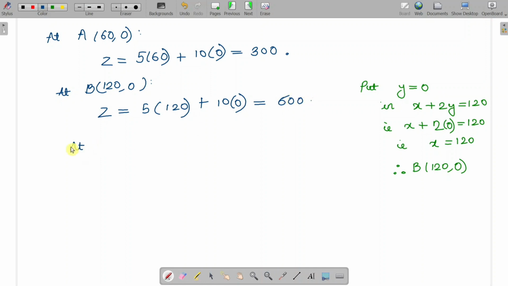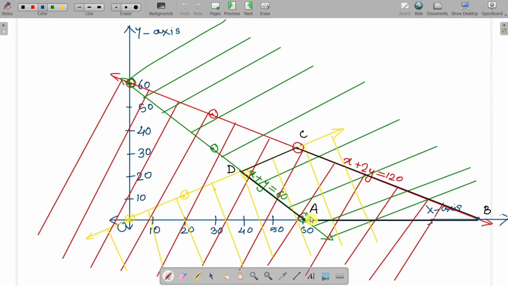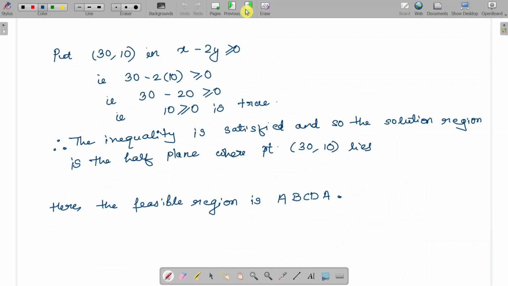Then at C, now if you look at the point C, it is nothing but 60, 30, you can see 60, 30. Or if you cannot see this, you can find the intersection between the yellow line and the red line. Okay, you will get point C as 60, 30.